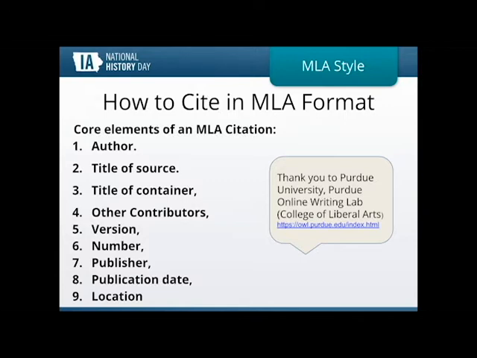Depending upon the type of source, it should be listed in italics or quotation marks. If you have a book, the title of the book should be in italics. When you're working with a website or web page, the name of the parent website, or container, which we'll talk about in a few minutes, should be in italics. Then comes the title of the container.